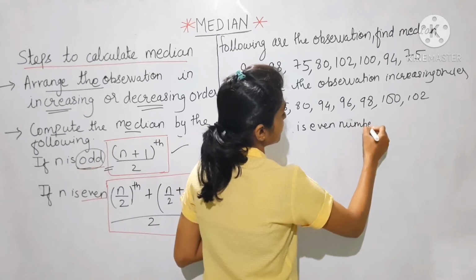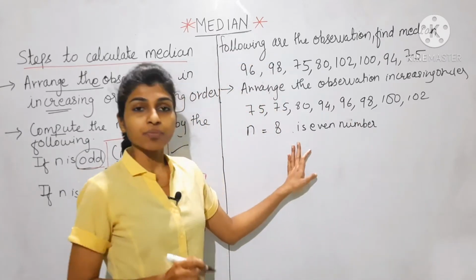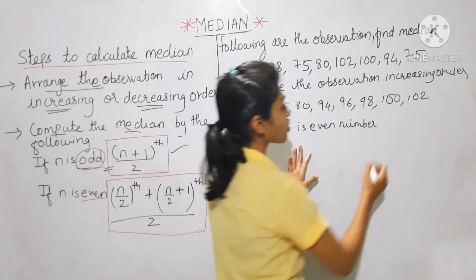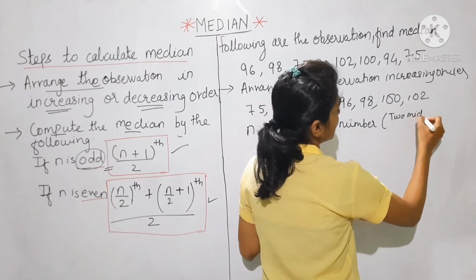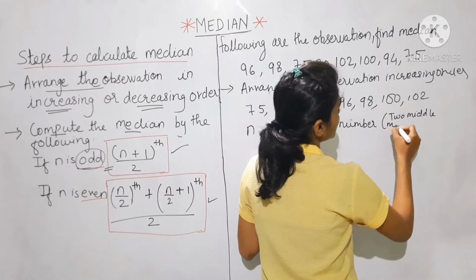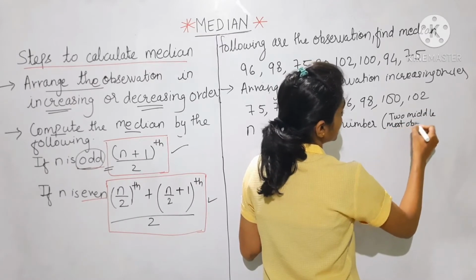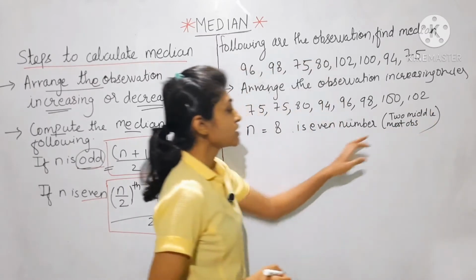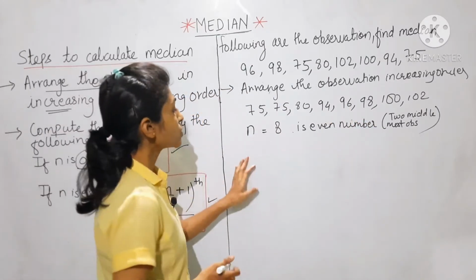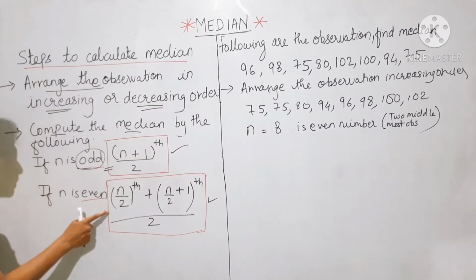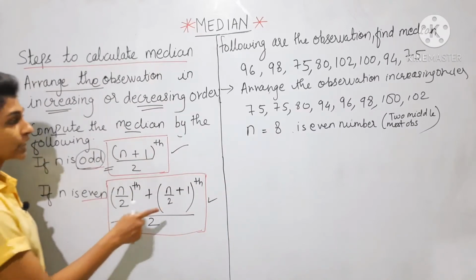So even number will give us 2 middlemost observation. Why? Because the observation is even number. So now it is even number, so we are going to use this formula to find the median.